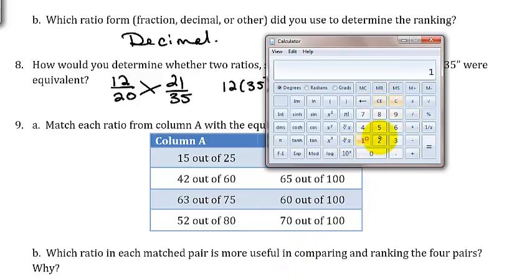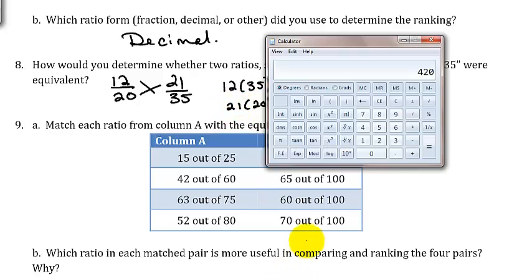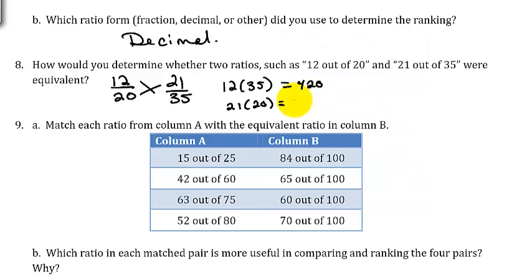Let me clear that off. It gives us 420, and 21 times 20 gives us 420 also. And so these are actually equivalent ratios.